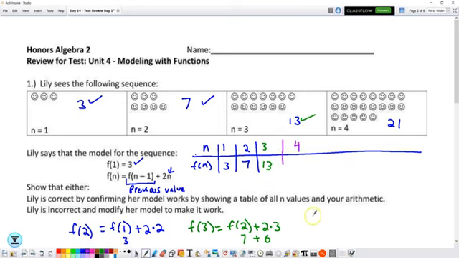I did not need this big of a table. So f of 4 will equal f of 3 plus 2 times n. n is 4. f of 3 was 13. 13 plus 8, yep, 21. So it works. I've made a check and a 1 at the same time. Check. Okay. Number 2.